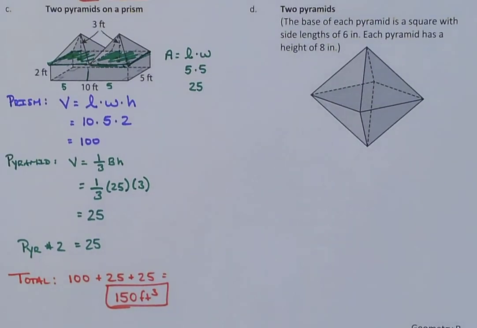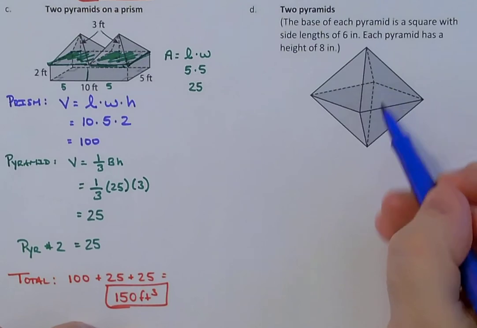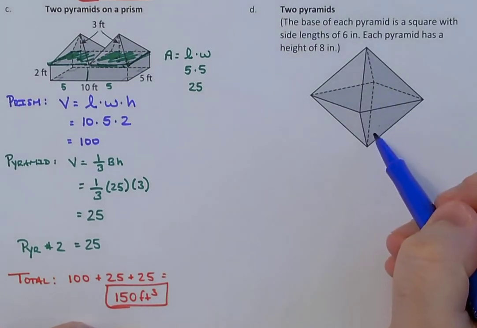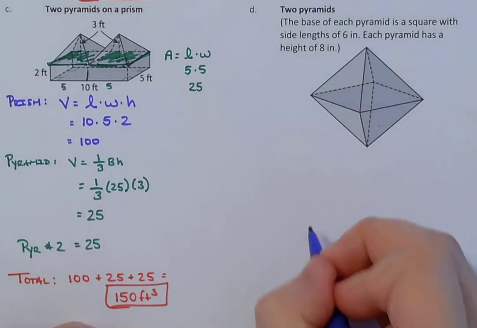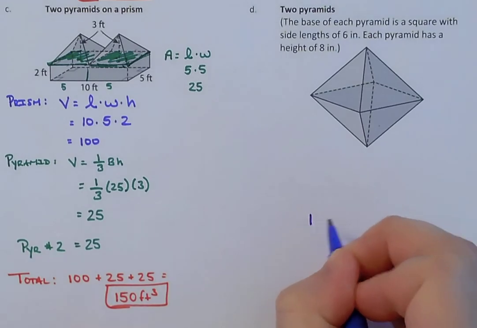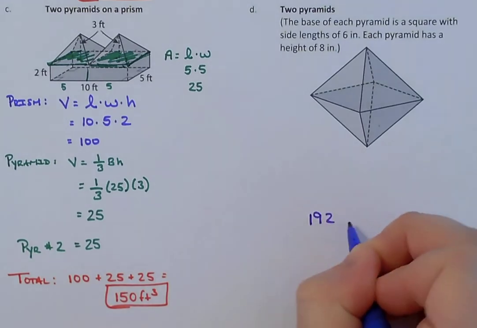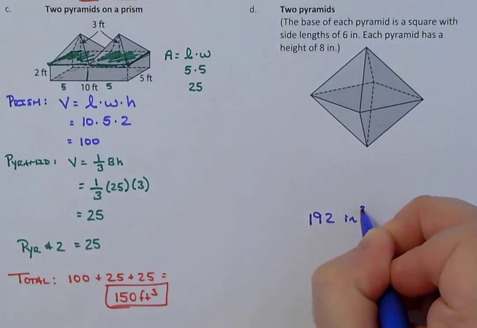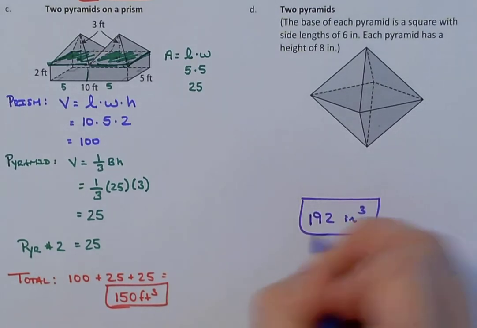I will leave that one for you to do on your own. If you want to make sure you're on the right track, you should get a total volume of 192 inches cubed.